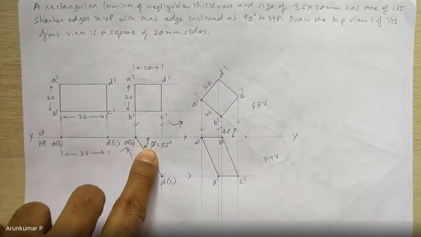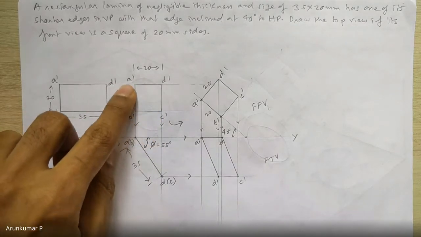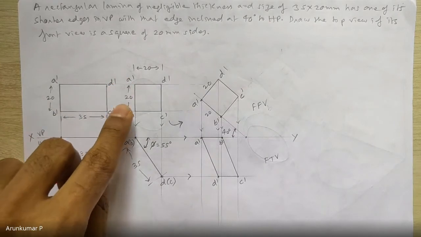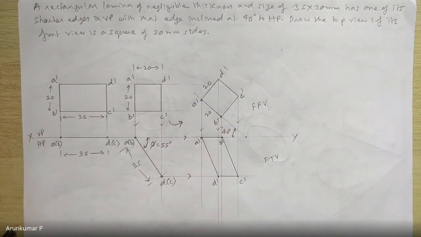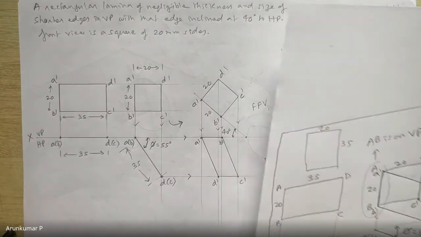So you have to find out the inclination. And then the edge on which it is resting, AB, is in VP. That edge you have to incline to HP by the given angle. So this is a case where the lamina is resting on VP.